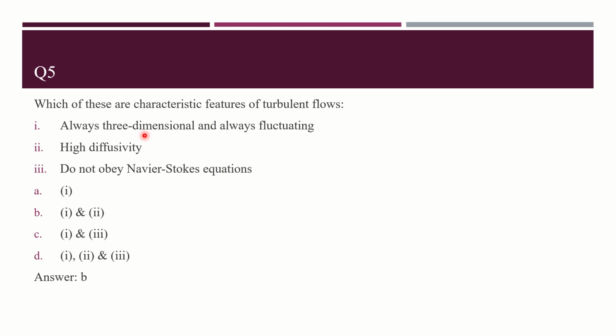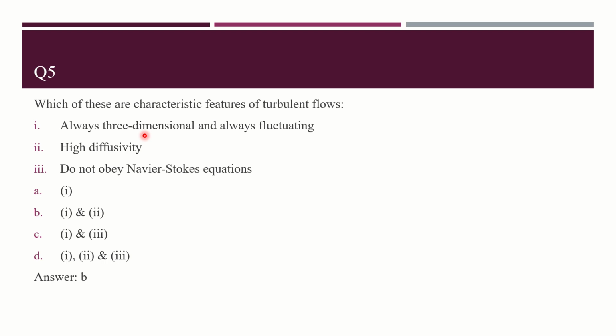We cannot say that. So the first statement mentions always three-dimensional and always fluctuating. That is true, because we can only visualize it in three-dimensional space, and it would always be fluctuating. All the parameters would be varying, so that is why it becomes complicated to solve systems concerned with turbulent flows.